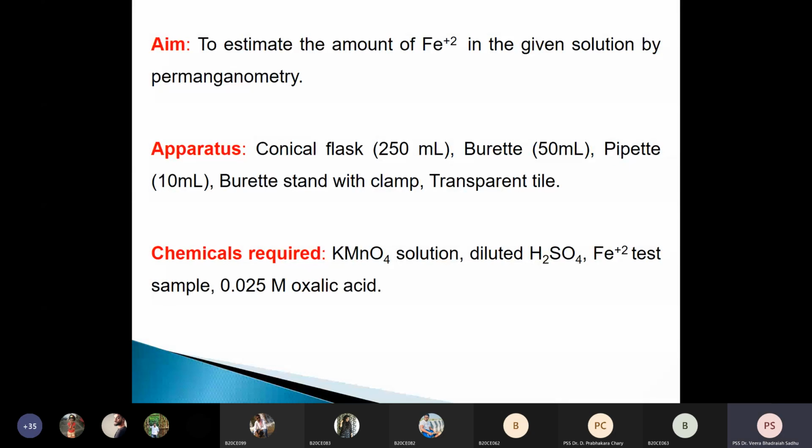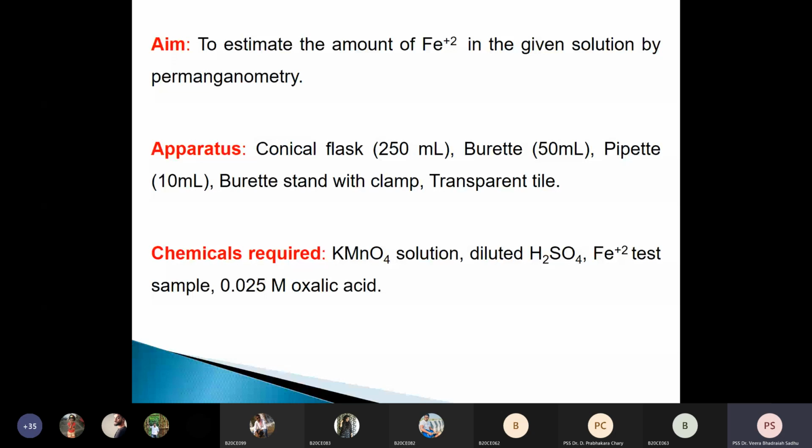What are the chemicals you require? You require potassium permanganate solution, which is the main reagent of the titration, and you also require diluted sulfuric acid.